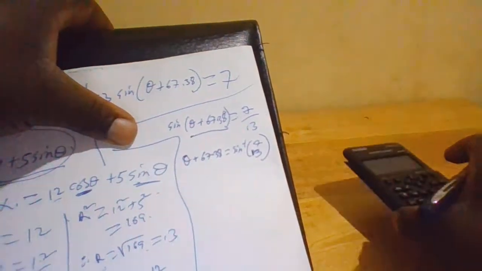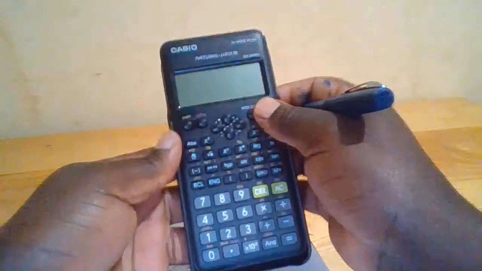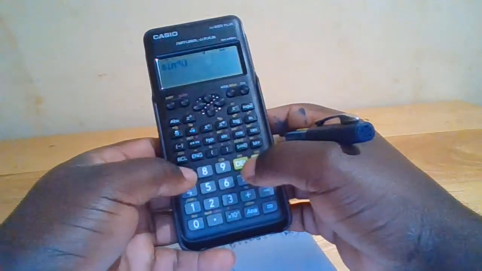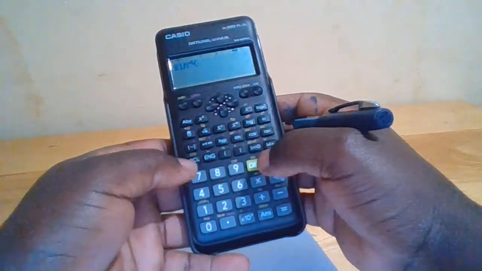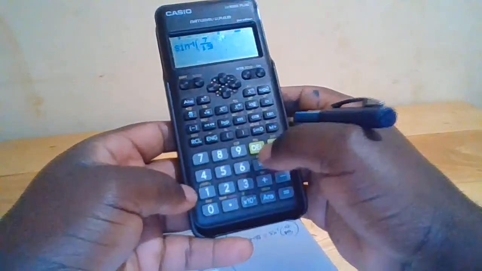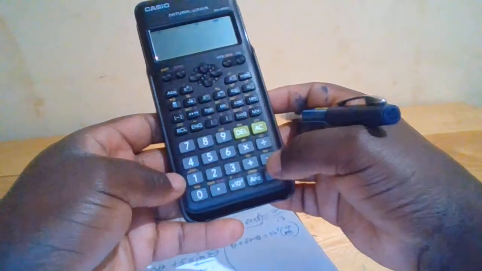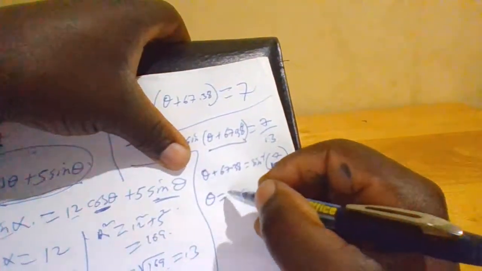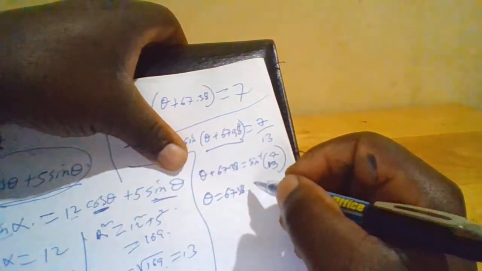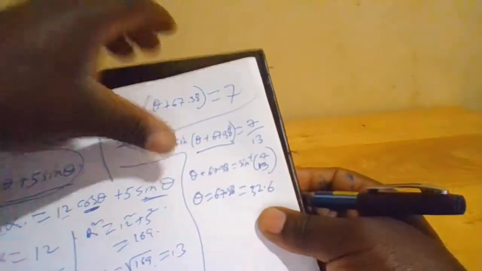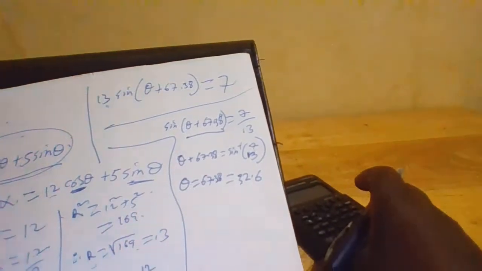The sine inverse of 7 over 13 equals 32.6. So theta plus 67.38 equals 32.6.